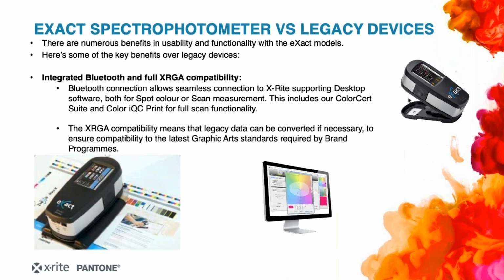There's also third-party support and numerous other software packages. What this also allows you to do with the supporting scan functionality is we can then scan a full color bar configured either directly in the software or legacy, and the reporting software suite such as ColorCert or IQC Print can then report on all color measurements within a single scan function.